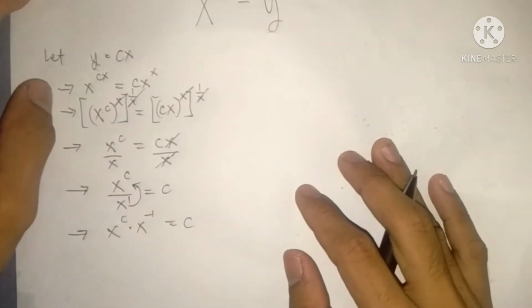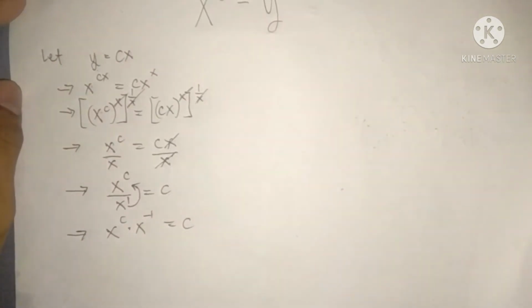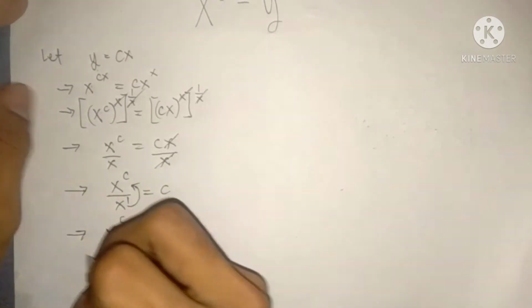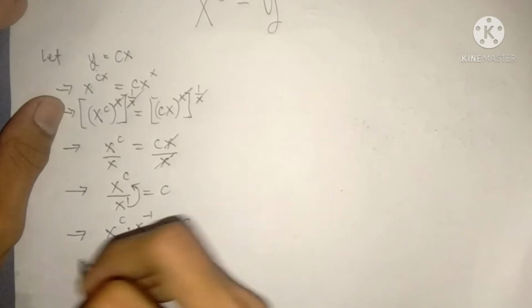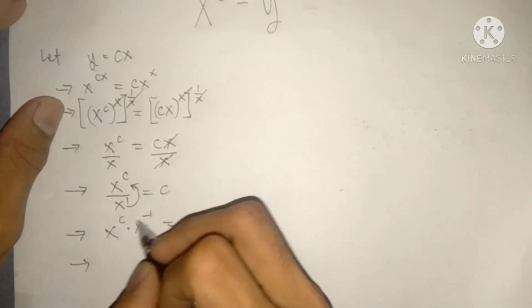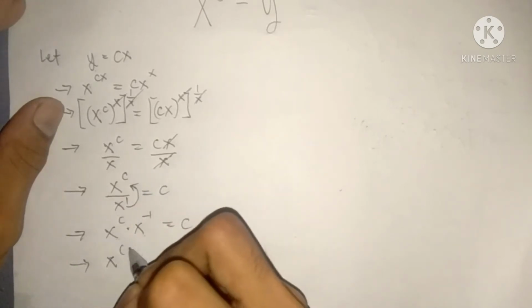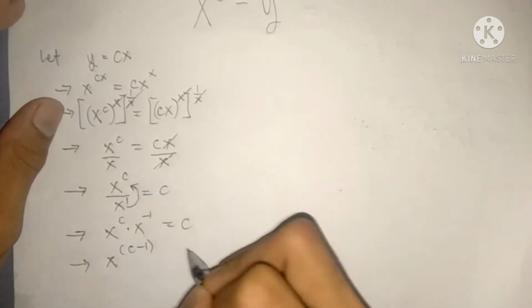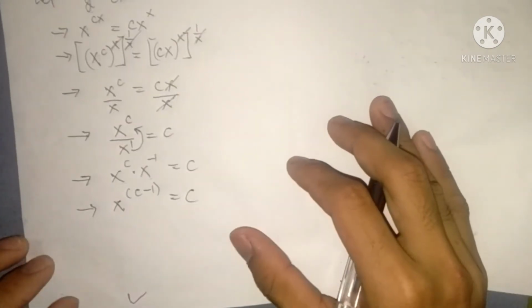Ngayon, sa multiplication of power, sa law of exponent, pwede natin i-add yung exponent kung parehas yung bases. Since parehas yung base, i-add natin c plus negative 1 is equal to c minus 1.